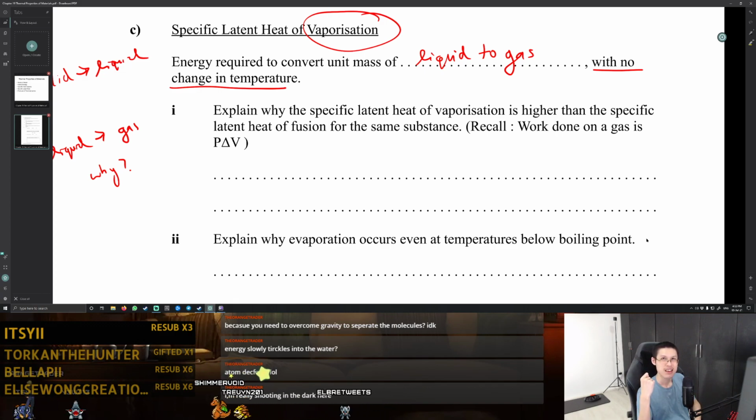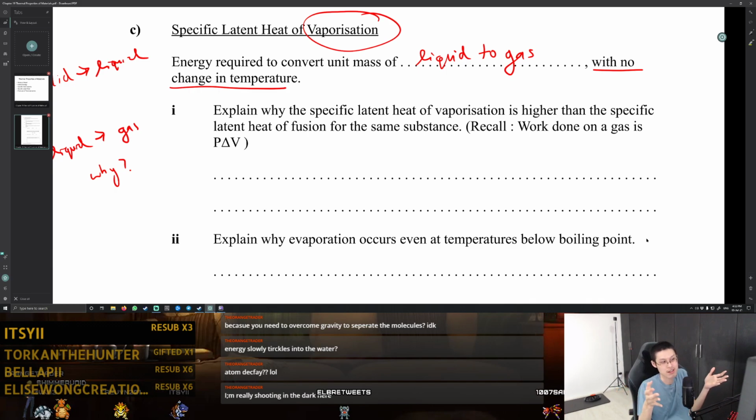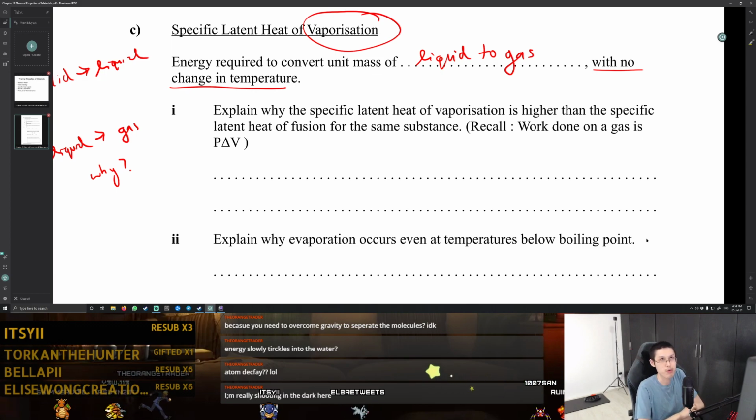Because if water decays as fast as it evaporates, then maybe there might be some kind of correlation between water decaying and it evaporating, right? But water doesn't actually... the half-life of water is... you know what, I'm actually curious now.